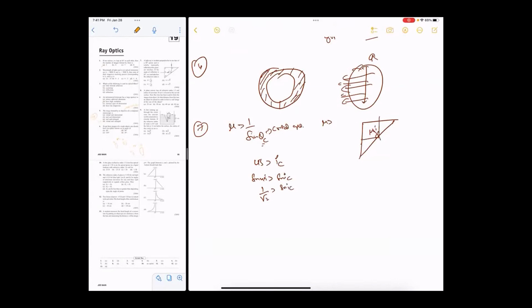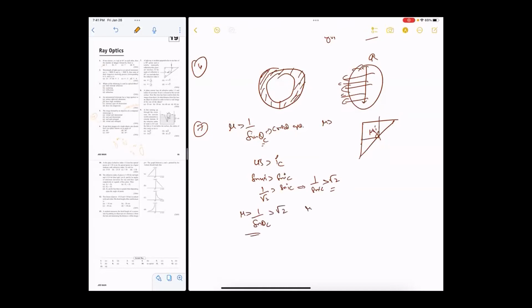So what is the relation we are getting? Mu is greater than 1 by sine IC. If I reverse it, it is greater than root 2. From that I can say mu is greater than 1 by sine theta c, the critical angle, which is greater than root 2.